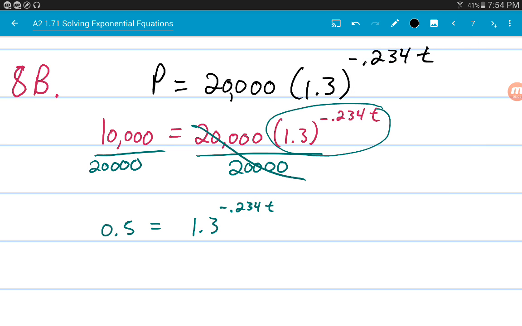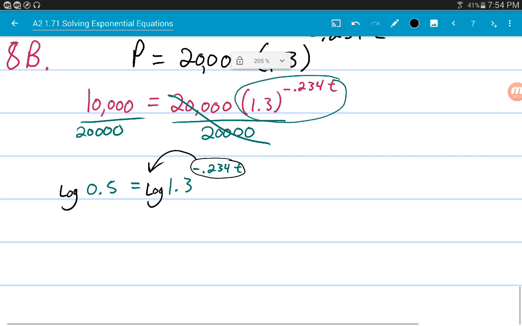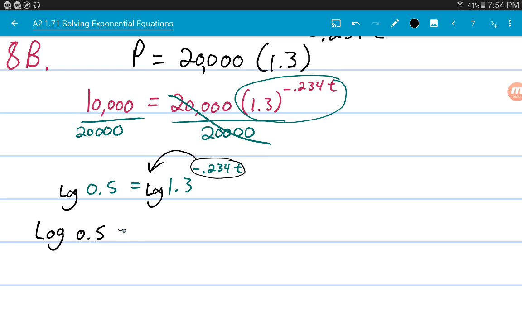Now it's isolated, so I would like to get this to come down, and in order to do that, I need to log both sides. Once I log both sides, I'm allowed to bring it down. Log of 0.5 is equal to negative 0.234 t times log of 1.3.